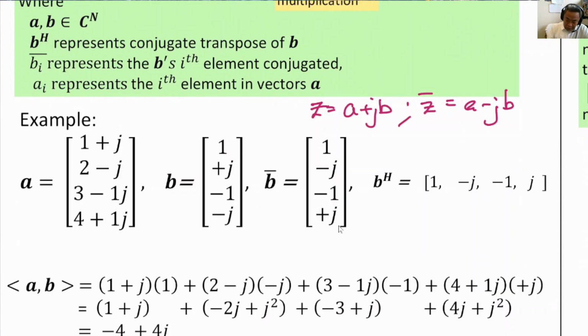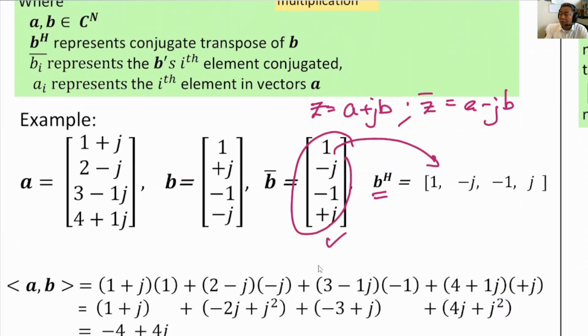And what about B^H? B^H is conjugate. So we first perform the conjugate, and when we transpose, a column vector becomes a row vector. So it's conjugate transpose. So B^H looks like this.